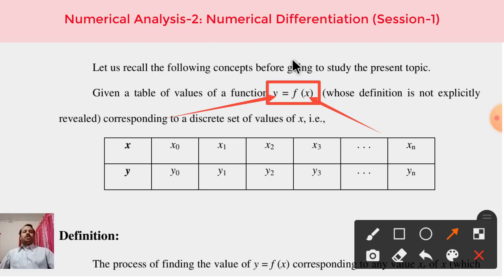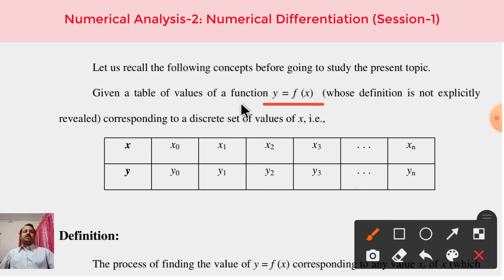The dependence of y on x may or may not be known explicitly. That is, we may or may not be given the definition of this function y equal to f of x.